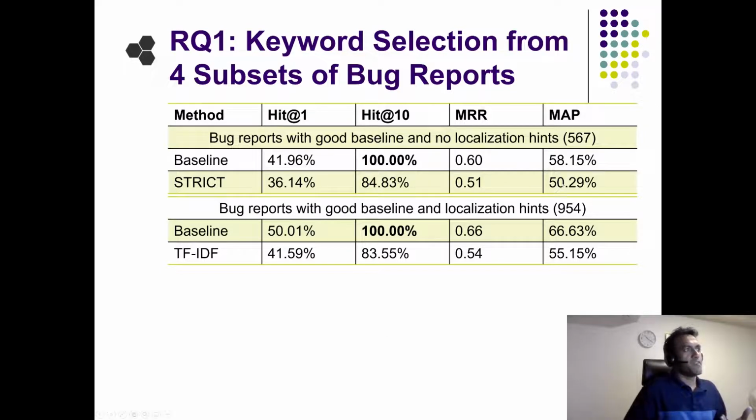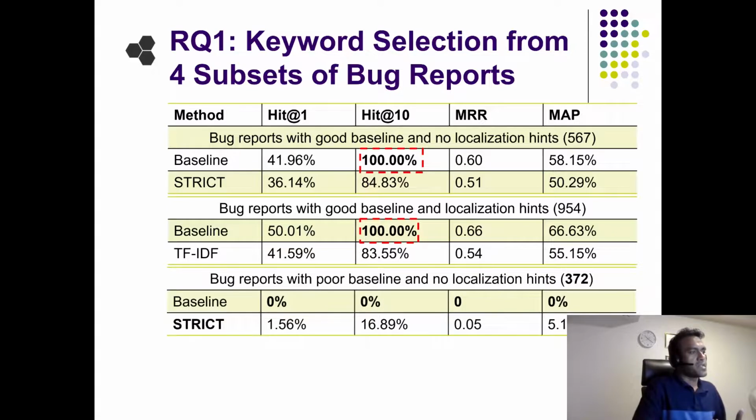For example, for about 2/3 of our bug reports, we found that they lead to pretty high quality baseline queries, and that is why they are achieving 100% hit at 10.